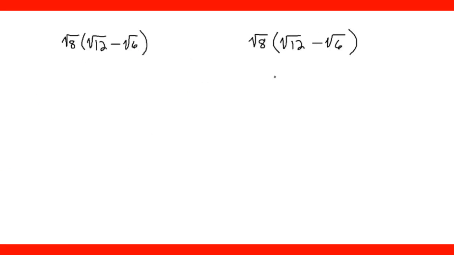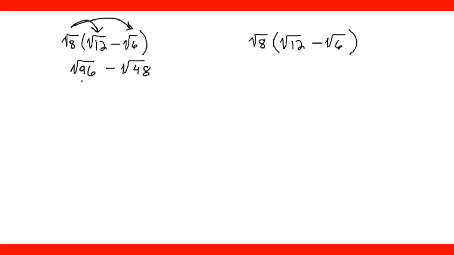Okay, I have the same problem written down here twice because I want to do it 2 different ways so that you can see the difference. First of all, if I just multiply straight through with the distributive, radical 8 times radical 12 is radical 96. Radical 8 times radical 6 is minus radical 48.